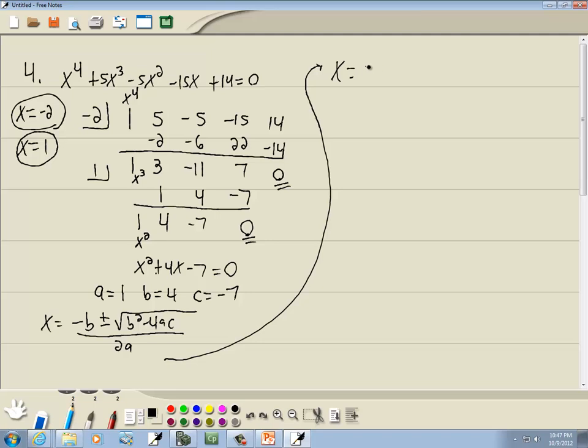So we got negative 4 plus or minus the square root of 4 squared, that's b squared, minus 4 times a is 1, times c, which is negative 7, all over 2a, which is 2 times 1.